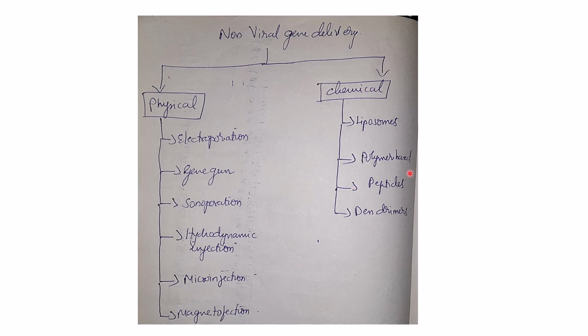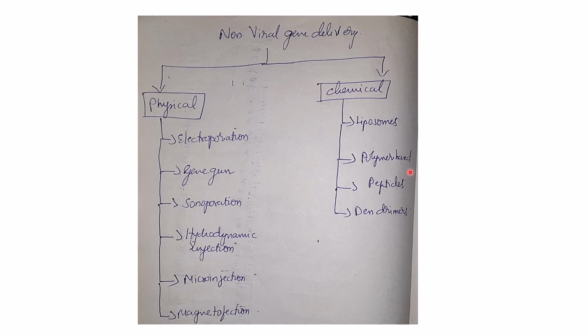Then there is another chemical method, that is by the use of peptides. Peptides, you know, are short chain amino acids of 2 to 50 amino acid length, and they will interact with the genetic material, that is your DNA or RNA, which has to be delivered into the cell, and they form what is called peptiplexes. Polymer based, it was polyplexes.